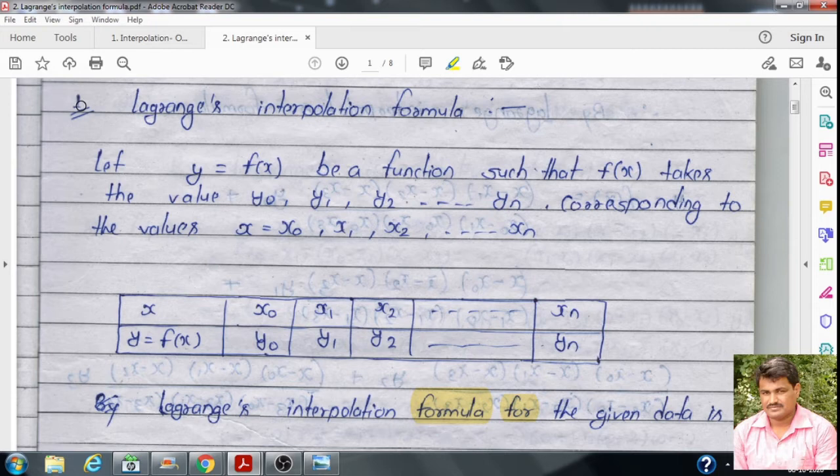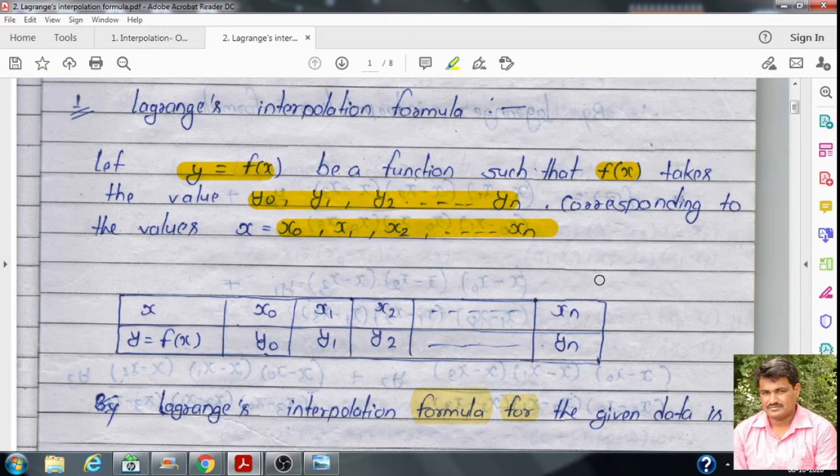Let us consider y is equal to f of x be a function such that f of x takes the values y0, y1, y2 and so on yn corresponding to the values of x is equal to x0, x1, x2 and so on xn.